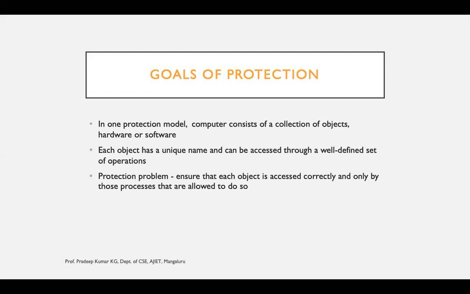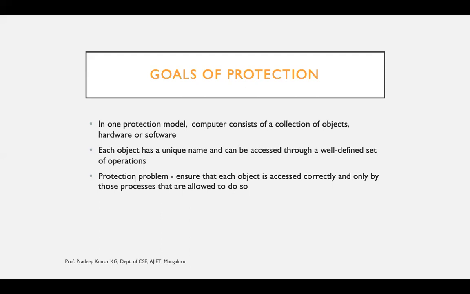We have seen different objects in the previous class as well. For example, if you want to deal with data stored on a disk, it will have a name, a location, and an identity. Via the disk controller, we can access those things. So how can we protect that particular data?